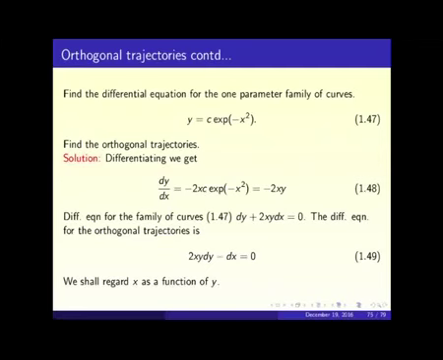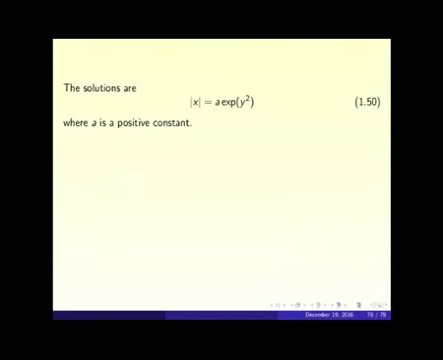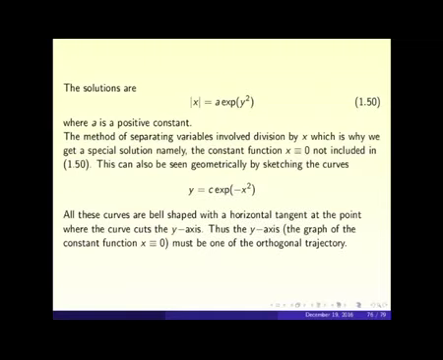The differential equation for the orthogonal trajectories is 2xy dy minus dx equal to 0. We shall regard x as a function of y and integrate. The solutions are mod x equal to a e to the power y squared, where a is a positive constant. Remove the absolute value and you get a family of orthogonal trajectories.